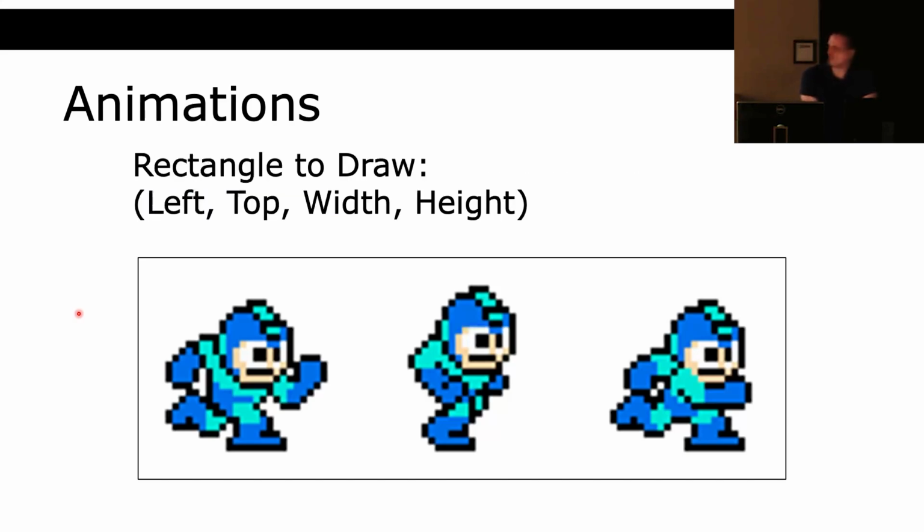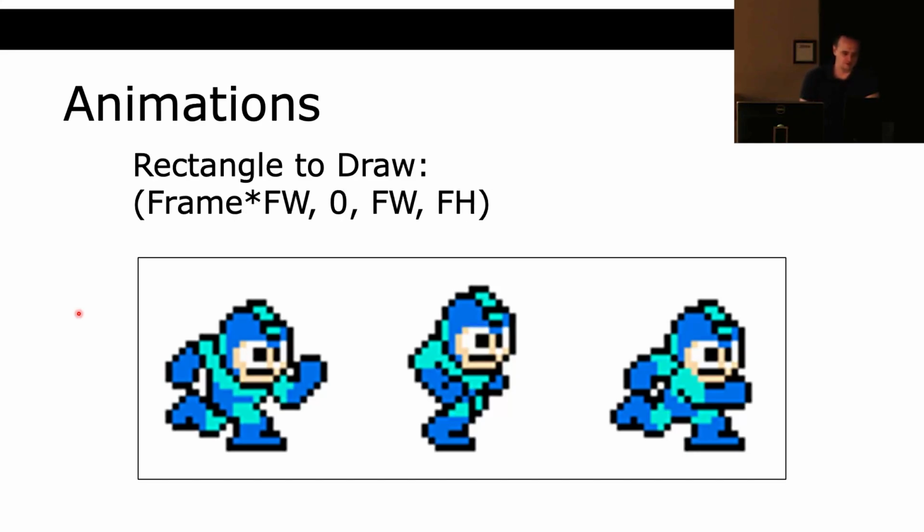So the rectangle that we want to draw is specified by left x value, top y value, then width, and then height. And to get the exact rectangle, it's going to be the frame number, starting at 0, times the frame width, then 0, because we're always going to start drawing from y equals 0, right? Then frame width and frame height, they're never going to change. In fact, the only thing that changes is where in the x direction that you start the rectangle.